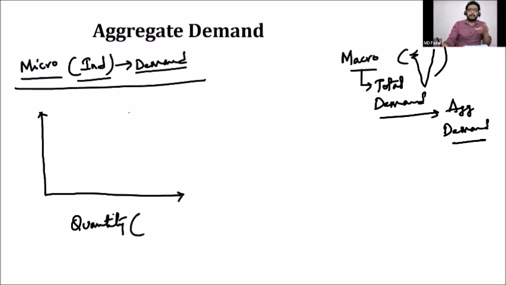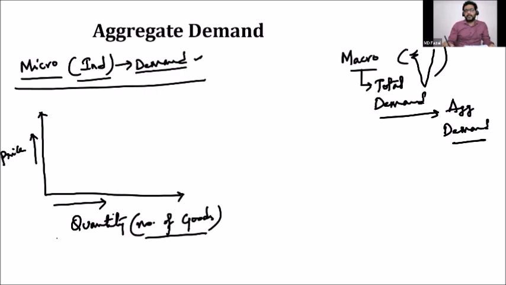If it is supply, number of goods supplied by the producer. So here is the quantity and here is the price. That means as you move up, the price level increases. As you move this way, the quantity increases. Now in this case, the demand curve looks like this.